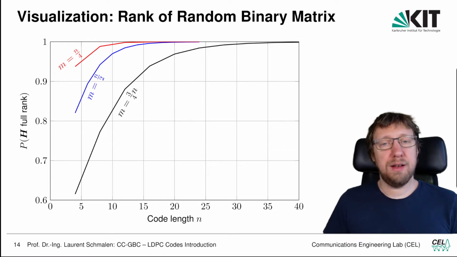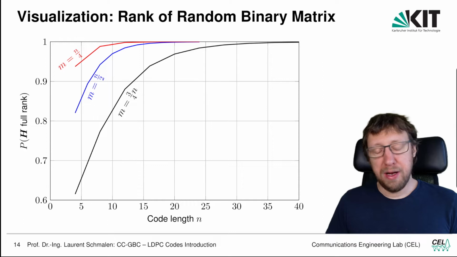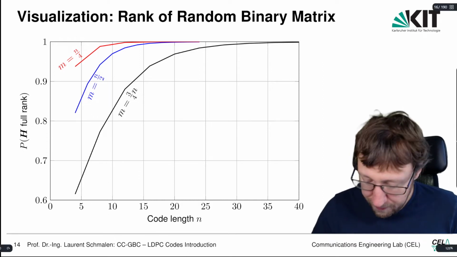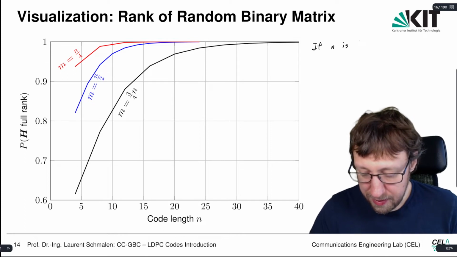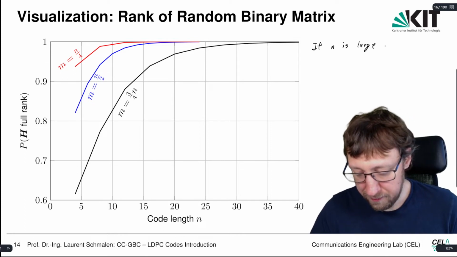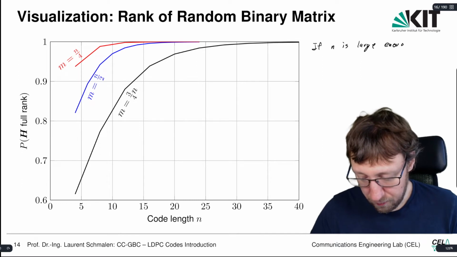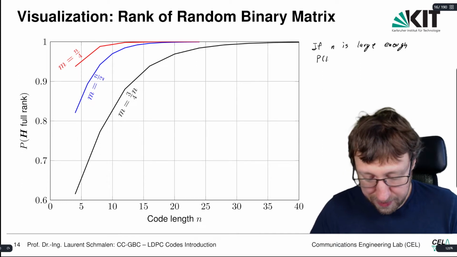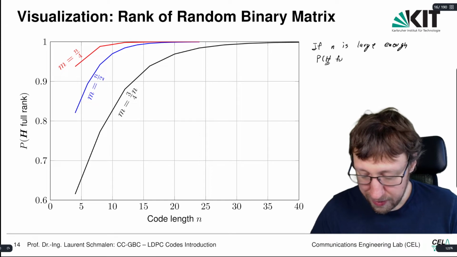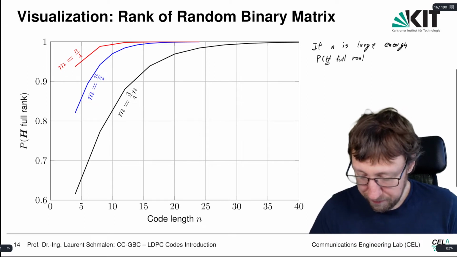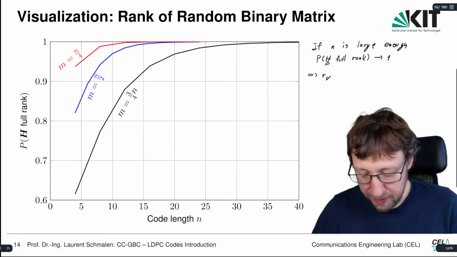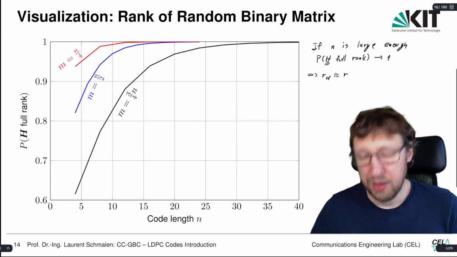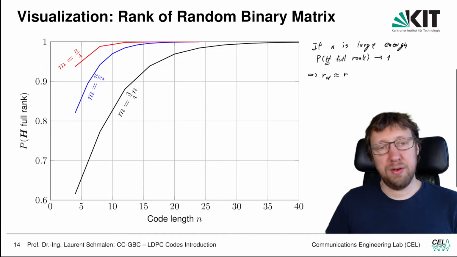So this is the rank of random binary matrix. And what we can conclude is that if n is large enough, the probability that H is full rank approaches 1, and as a consequence, the design rate is almost equal to the rate of the code.